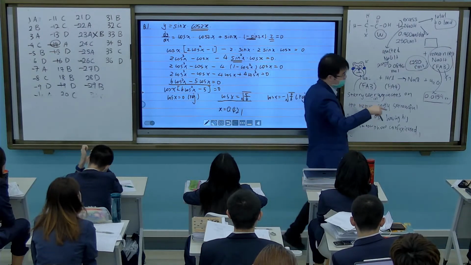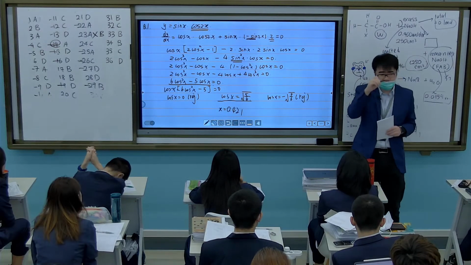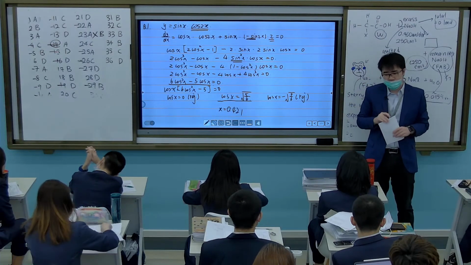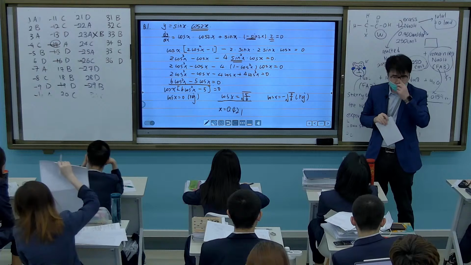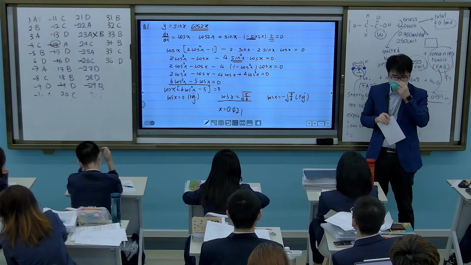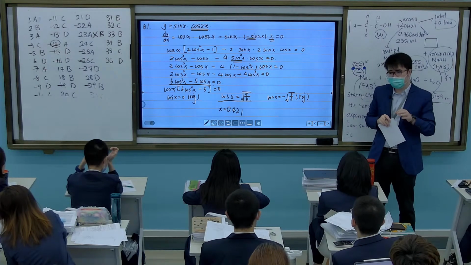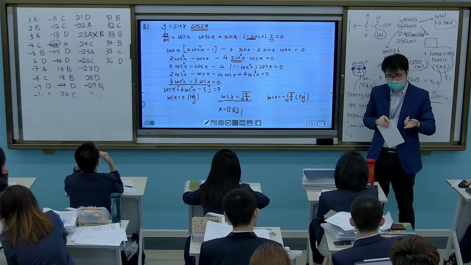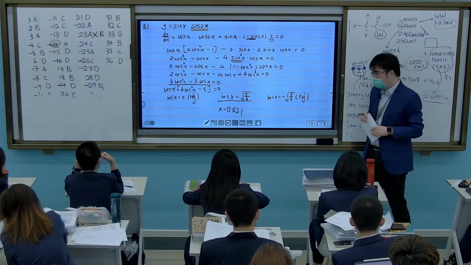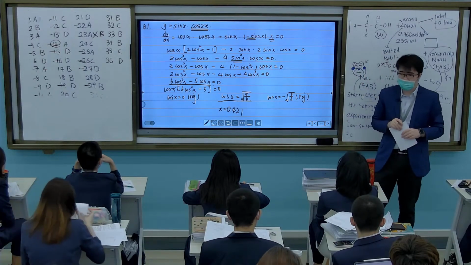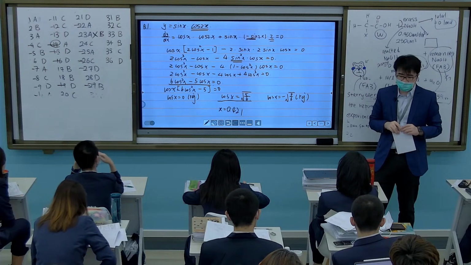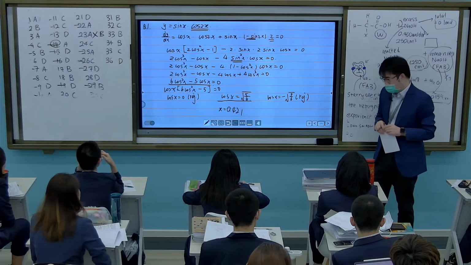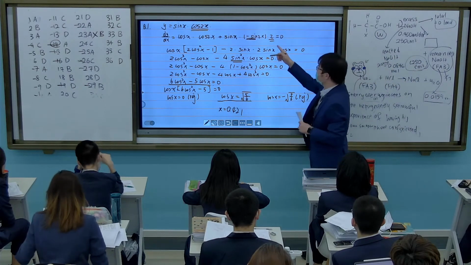So the inside layer does not change, so just put the 2x there, all right? 2x does not change, then times the differentiation of the inside layer, inner layer, okay? So the differentiation of 2x equals 2, right? So just put 2 here.